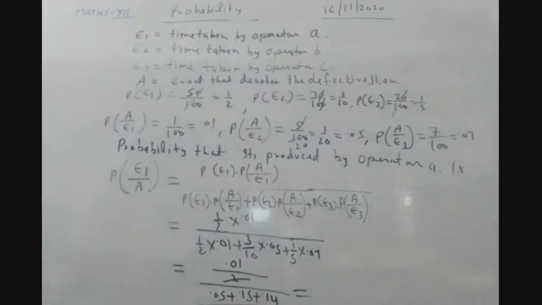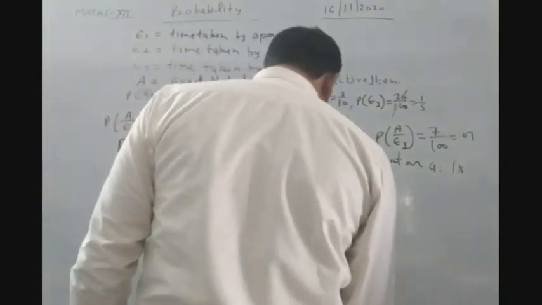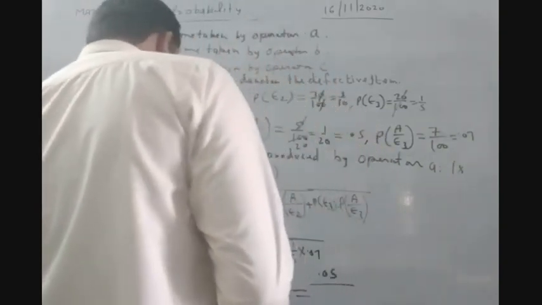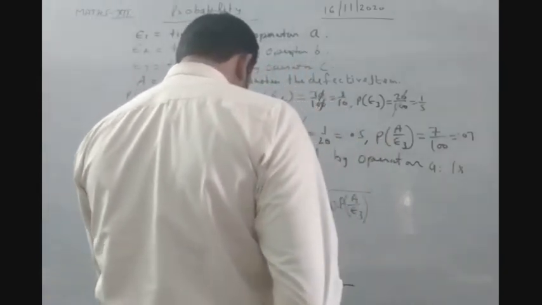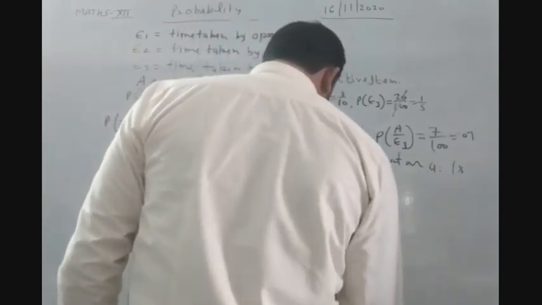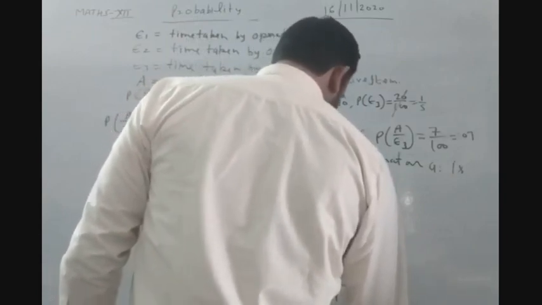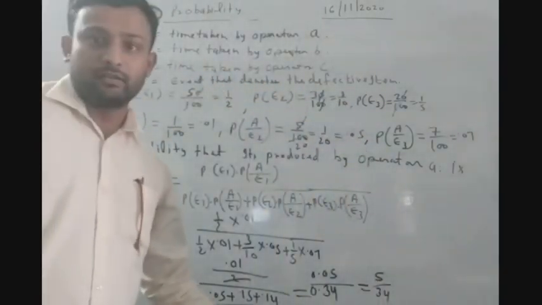Now these are the terms which we add, we get 5, 20 and 30, that is 34. Now when we multiply here, we get 5 by 34. So it will be our answer.